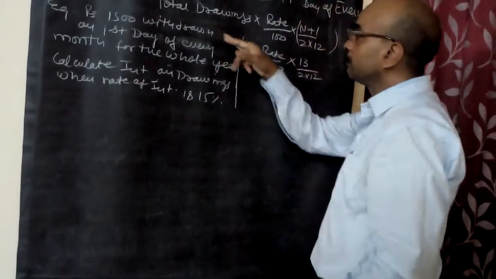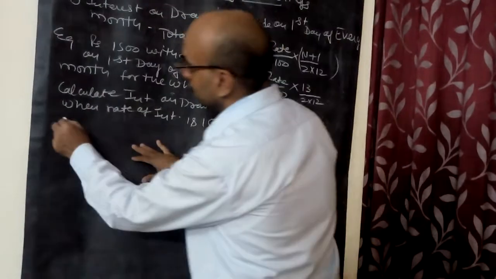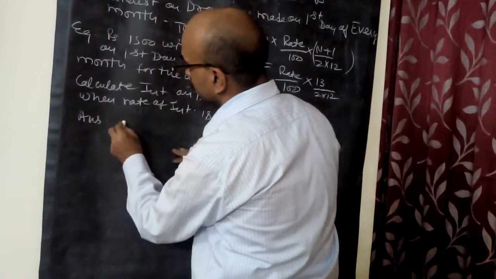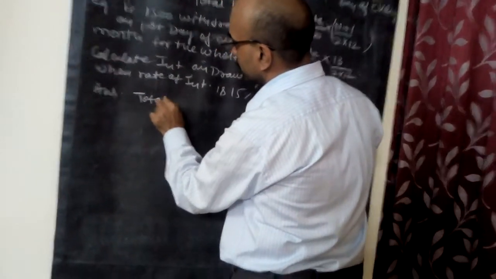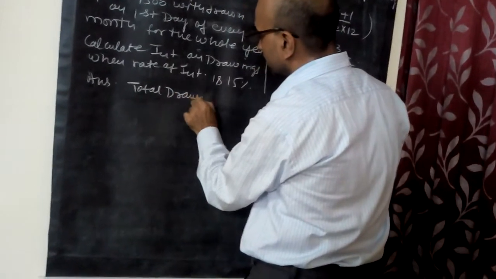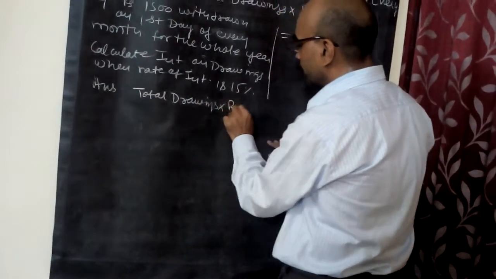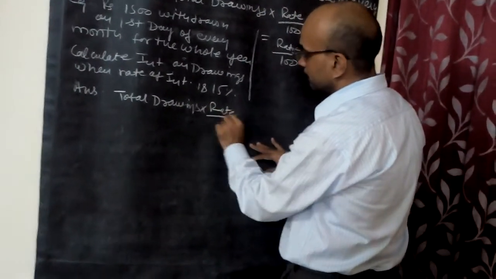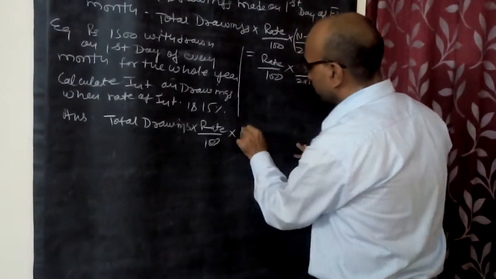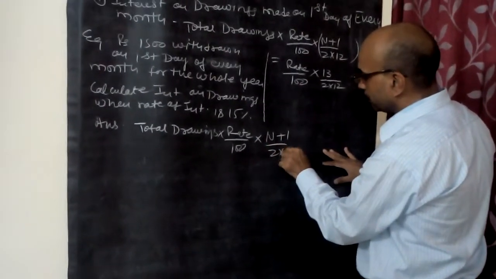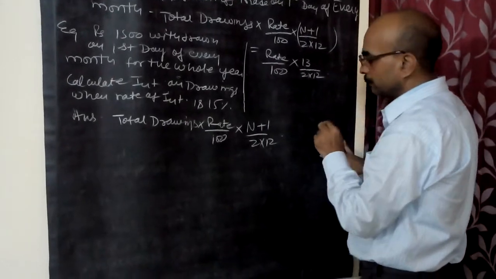So here, as per this formula, if I have to calculate, the answer becomes like this: total drawings into rate upon 100 into n plus 1 by 2 into 12. Got it?